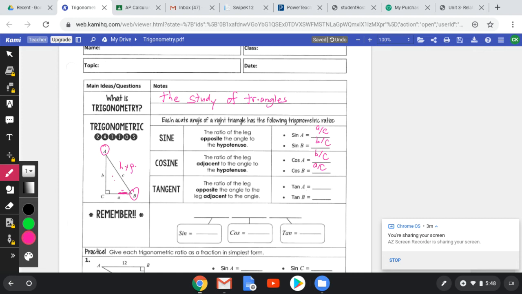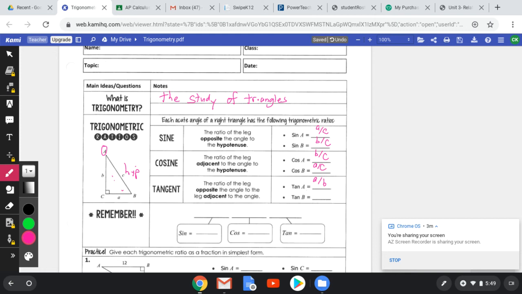And then tangent is the ratio of the leg opposite the angle to the leg that's adjacent to that angle. Remember, C is always the hypotenuse, so when we talk about the adjacent side, we never include the hypotenuse. So tangent of A is the opposite, a, over the adjacent leg, b.